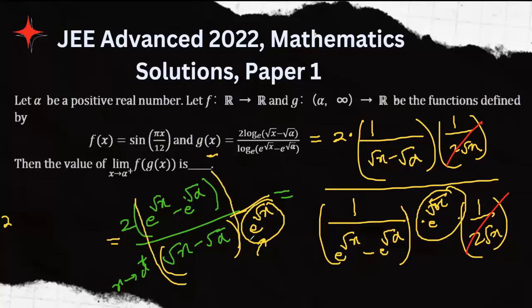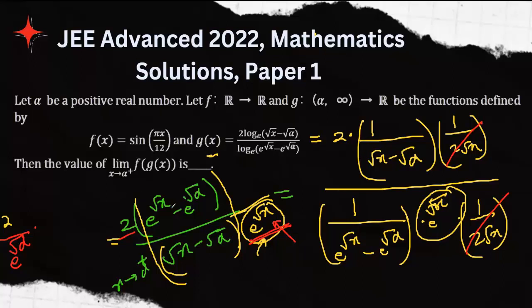And if I am getting a part of the product as something finite, I can put the limit comfortably. So this 2 upon e to the power root alpha is there. I have put the value of x as alpha here because it is a product. It is multiplied by this 0 by 0 form.